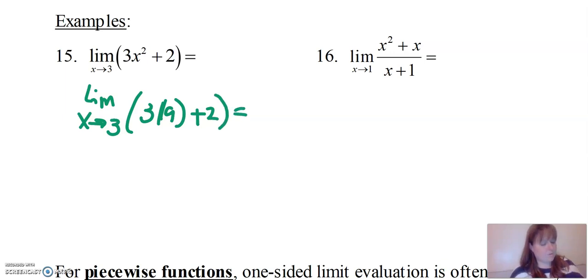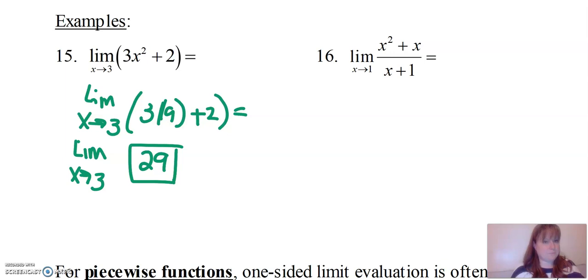We're just going to keep copying down the limit so that we remember. Oh, and I was talking, so I can't write and talk at the same time. 3 times 9 is 27, plus 2 is 29. So the limit as x approaches 3 of that function is 29, because the function value is the limit, okay?